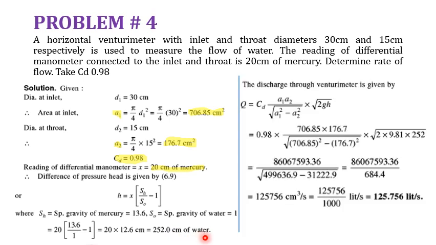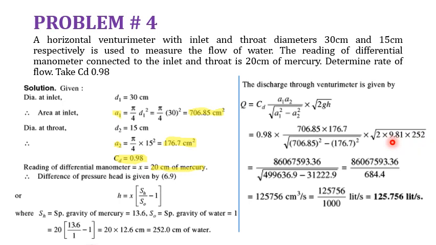And we know the formula for discharge through venturimeter. So simply replace all the values over here. We are using area in centimeter square, and we are also substituting the value of H in centimeter, 252 centimeter.